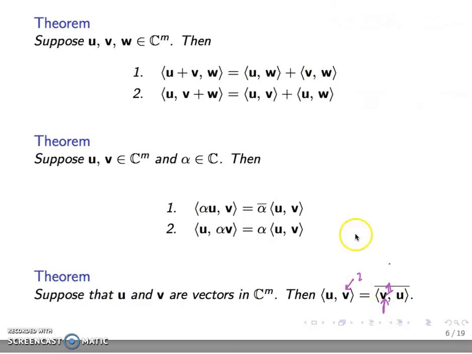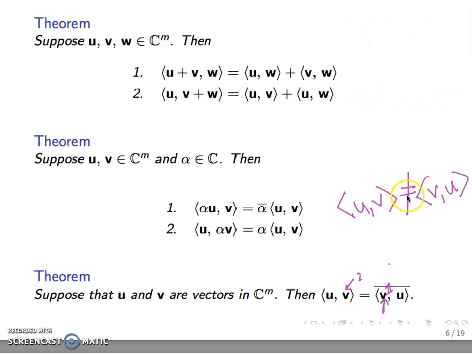Okay, and so what this is telling us is that the inner product of uv and the inner product of vu, these two things are in general not the same. It is not true that if you switch the order, if you take the inner product of v first and u second, that inner product is exactly equal to the inner product of u first and v second.